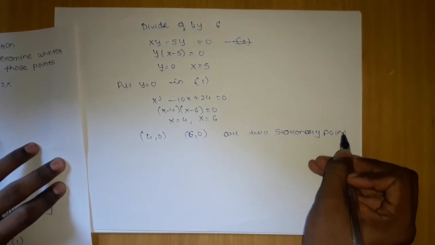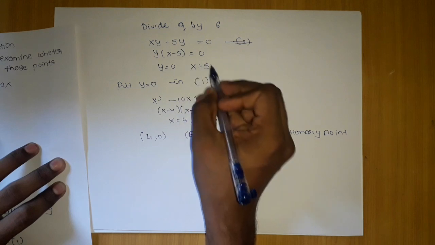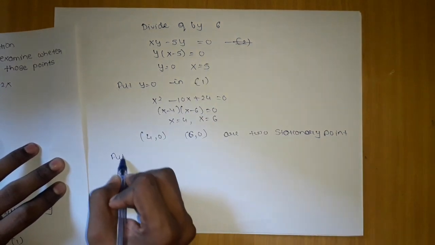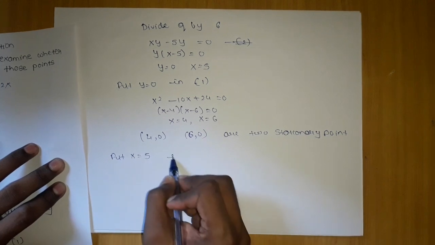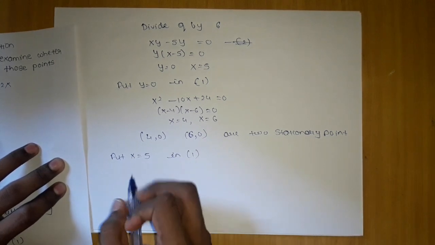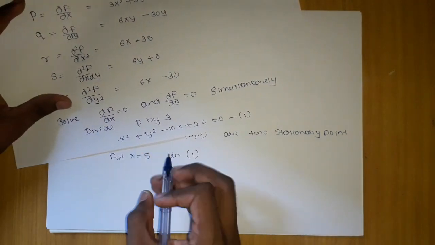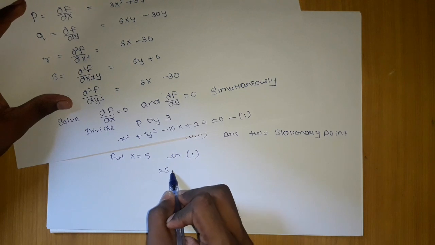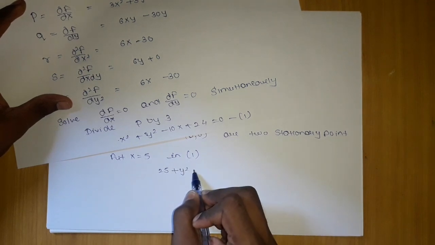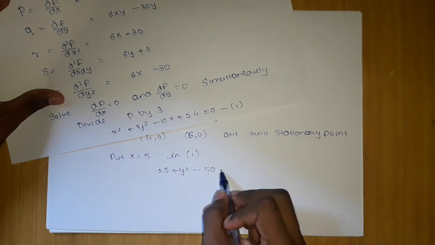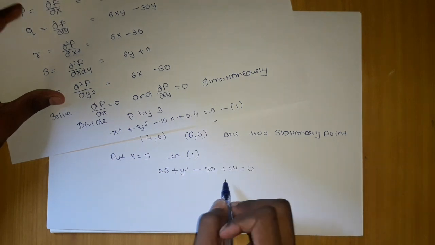Now what we will do, we will find the y stationary point for this x. Put x equals to 5 in the first equation. What we are going to get? If we put x equals to 5, we are going to get 25 plus y square minus 50 plus 24 should be equal to 0.